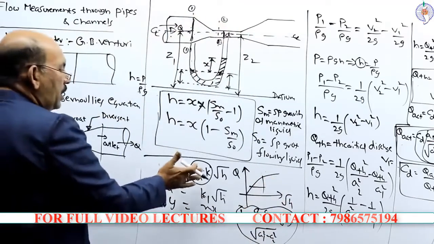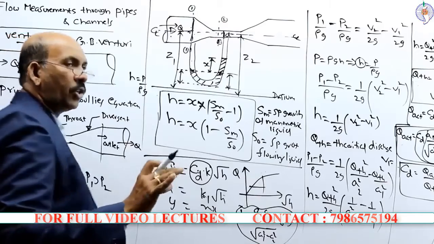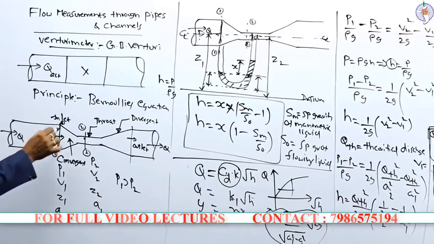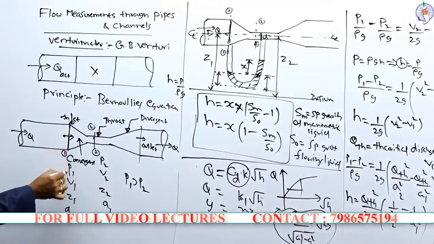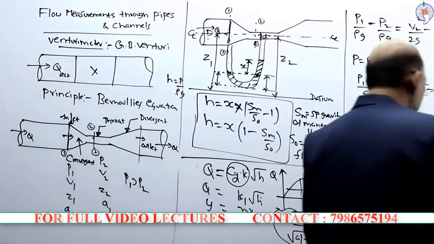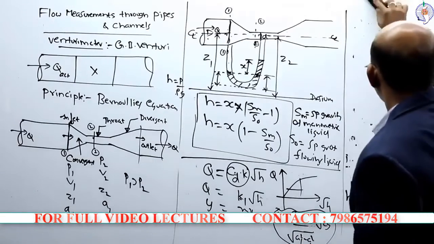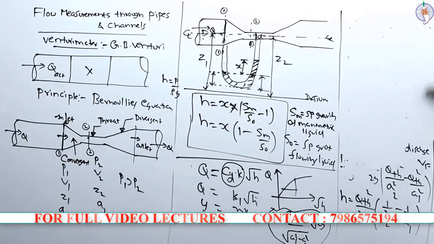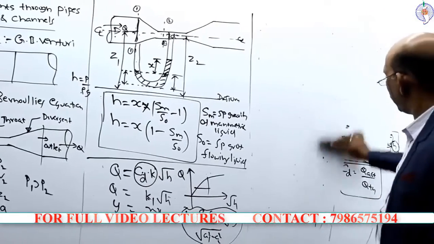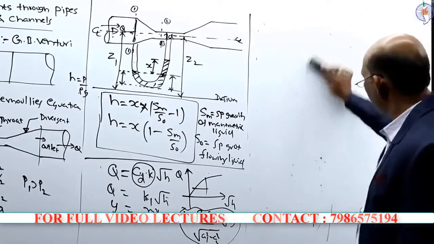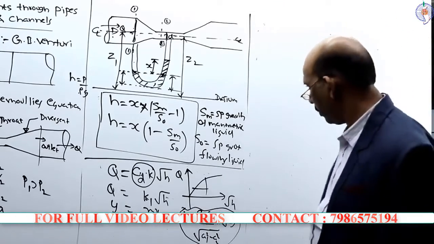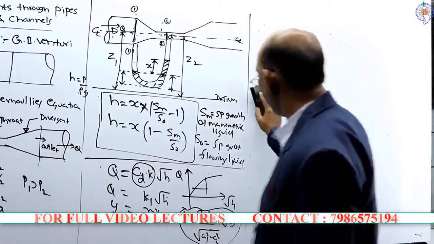Now, these particular properties you can observe in the venturimeter. As far as the venturimeter, you can see I created a pressure difference between these 2 points. With respect to this particular pressure difference, certain important parameter you have to consider here, the diameter of the throat section.